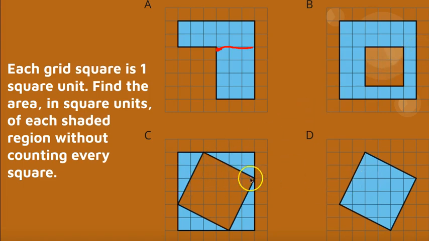What about C and D? They're not quite as straightforward, are they? How could I figure these out? Think back to what we did the other day. We could take a particular shape made using smaller triangles and make it into square units, and we can do the same thing here.